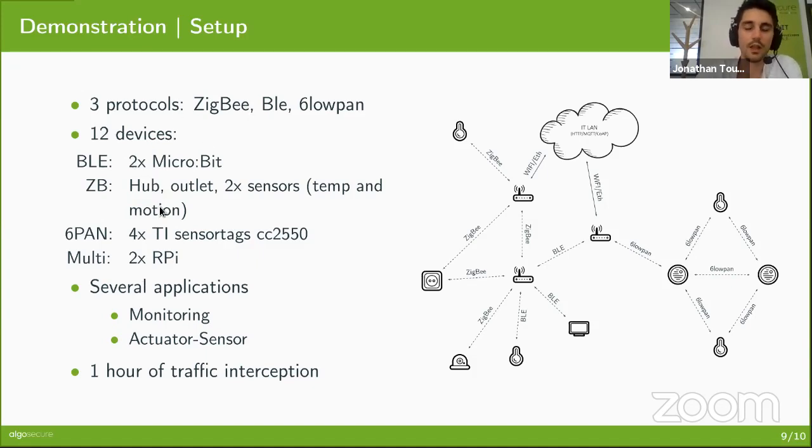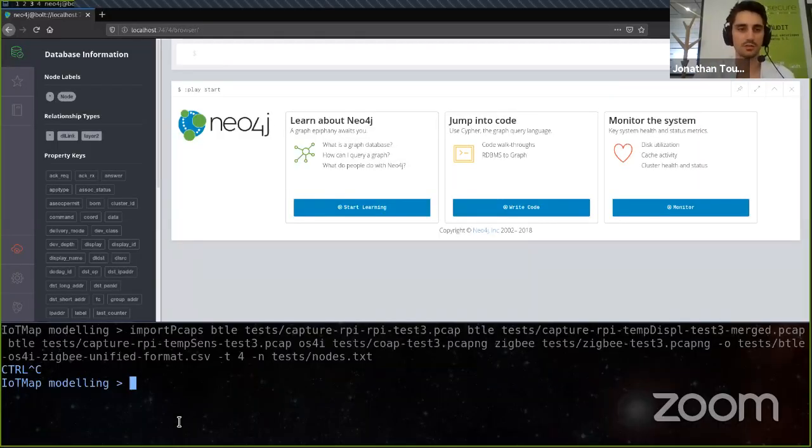And we develop several applications such as monitoring applications or actuator sensor applications. For the demo, I intercepted 1 hour of traffic to make the demonstration more realistic. So let's go to the demonstration.